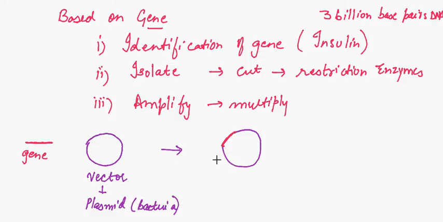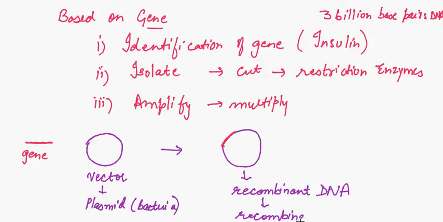So after insertion of our gene, we get the product which is called recombinant DNA. The word itself is telling the meaning. Recombinant means recombine. We have taken DNA molecules from different sources.